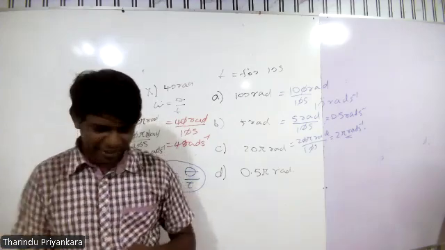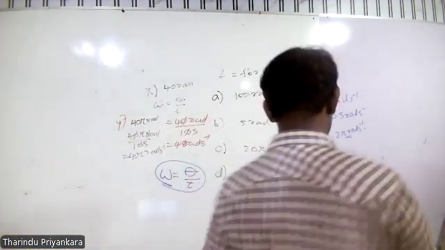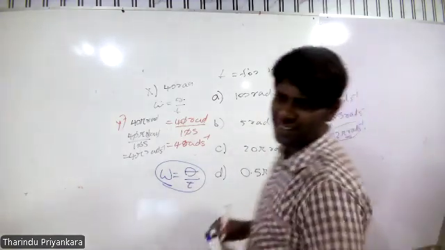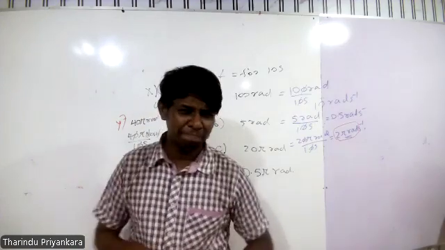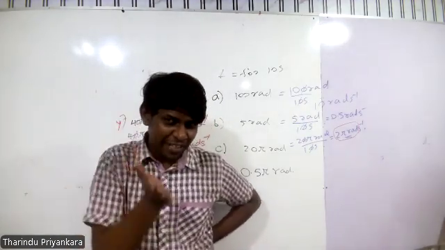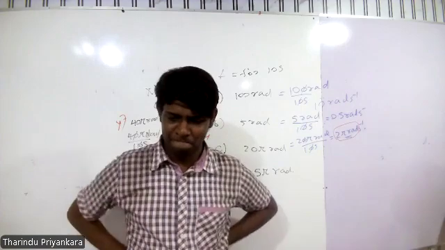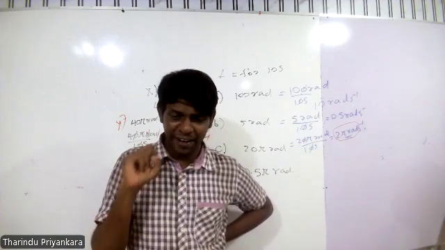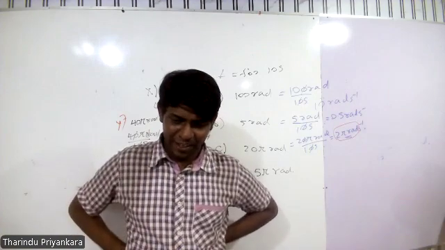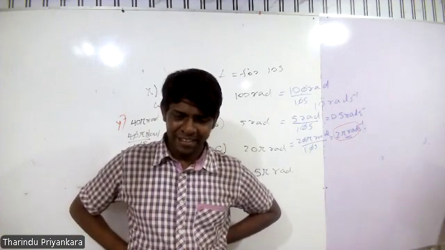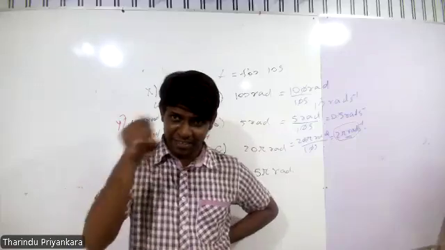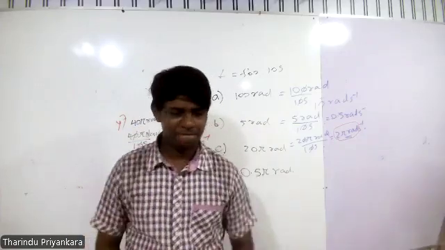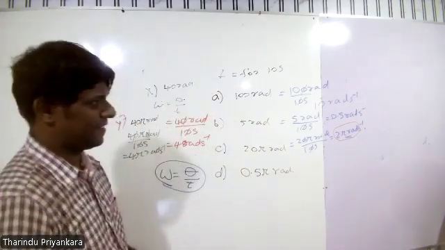What is the importance of 2 pi? 2 pi radian is equal to what? If you turn one page back, you can see. One cycle is equal to 2 pi radian. I told you this. 360 degrees, that means one cycle is equal to 2 pi radian.